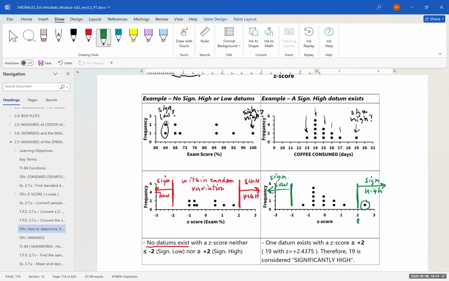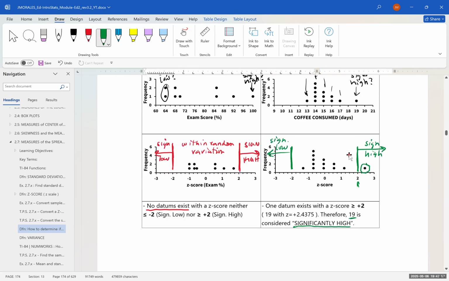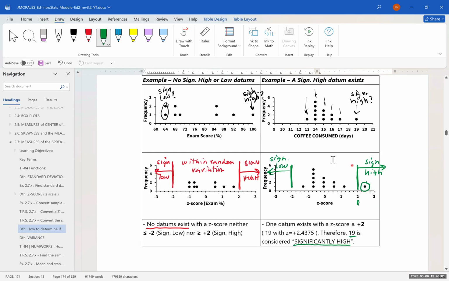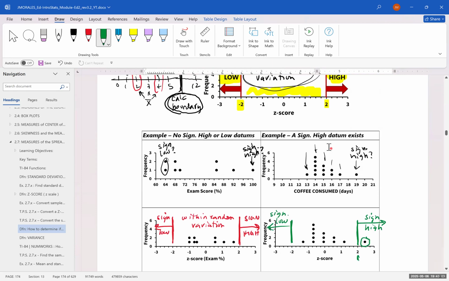This data point, which is drinking coffee 19 days out of 30, we would consider to be significantly high. Just by looking at it can be tricky, but you have a statistically valid reason for coming to that conclusion. That's what z-scores let you do.